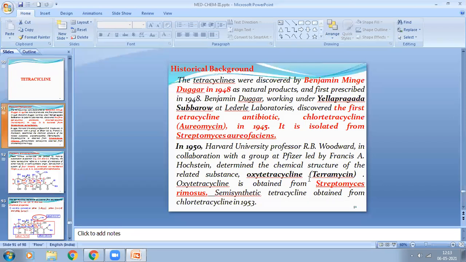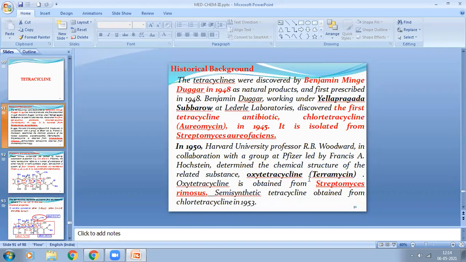See now, in the historical background, first the tetracycline was discovered by Duggar in 1948. The name is chlortetracycline. This chlortetracycline is obtained from the bacteria Streptomyces aureofaciens. That's why, on the basis of the source of origin, chlortetracycline is also designated as aureomycin.